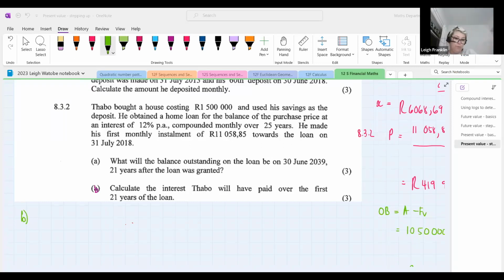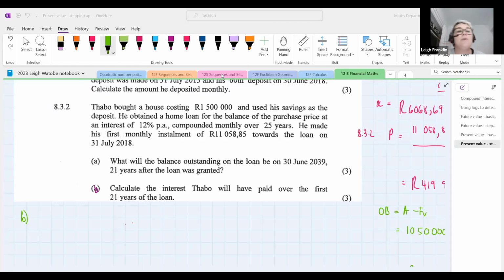Of the loan. So the way that we calculate the amount of interest that has been paid on a loan is the difference between how much has been paid to date and how much of the loan has been settled. The difference between those two values is our interest.